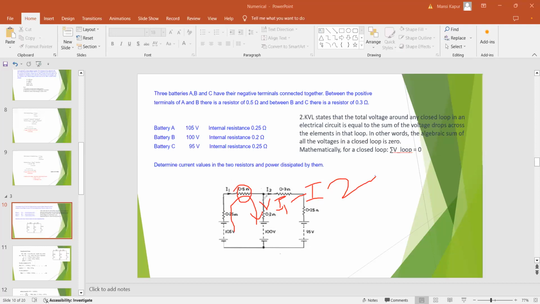Here the current is I1, this is I2, so the remaining will be going here: I1 minus I2. If you apply Kirchhoff's law in this circuit, you will be able to find the values of currents I1 and I2.